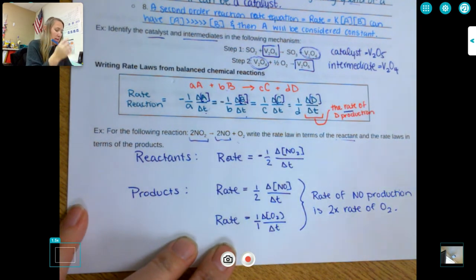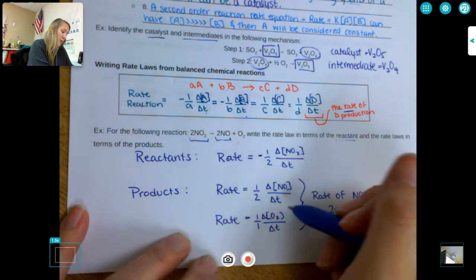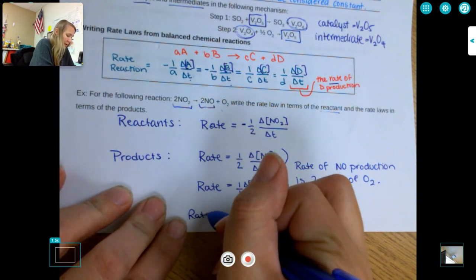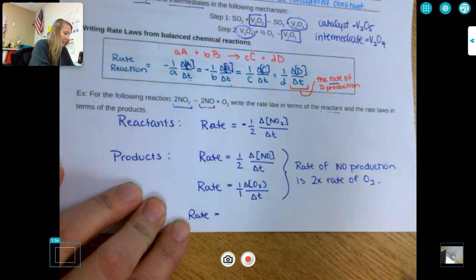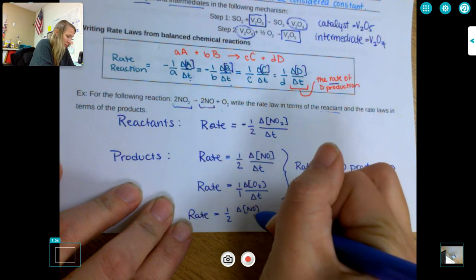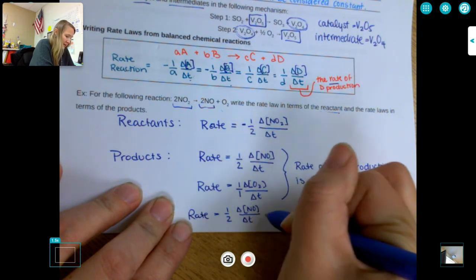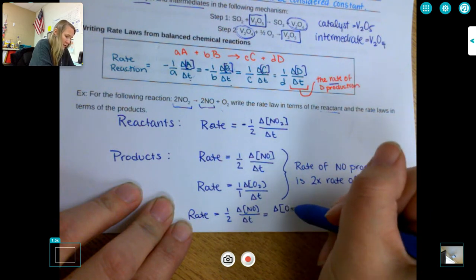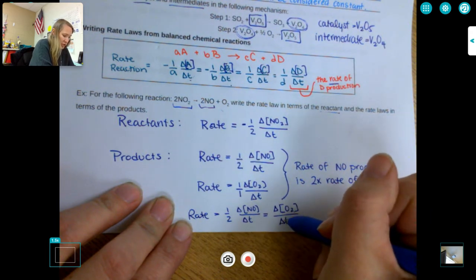Okay, and we can see that because if my rate for these to be equal, right, because we can also say that my rate of products, 1/2 NO, change in time, is also equal to change in O2 per change in time.